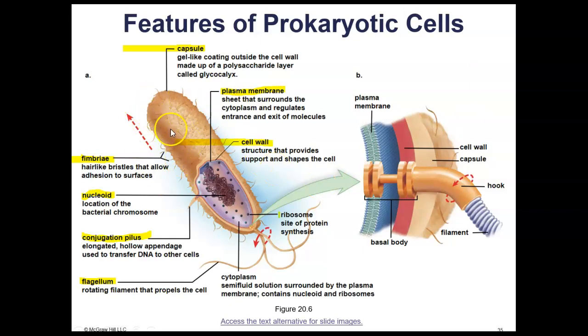Sometimes there are little hairs on the outside called fimbriae, and they help with attachment. Sometimes there is a structure called a conjugation pilus that helps with injecting DNA into another cell. Flagella are for movement. And I think that covers it.